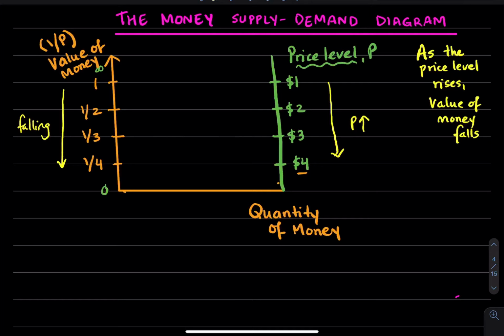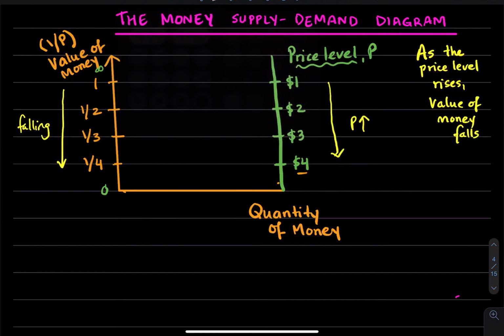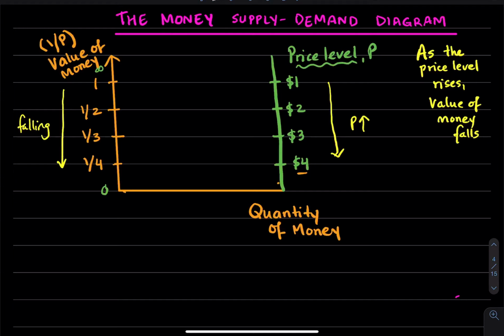Now, we know that the Fed fixes money supply. Okay, so the Fed can fix money supply, and that's going to be a vertical line. Okay, money supply is going to be, let's call this MS1. We're going to take a look at what happens if money supply changes. Now, the Fed fixes money supply. You remember from the last chapter that the Fed can control money supply, not perfectly, but almost perfectly.